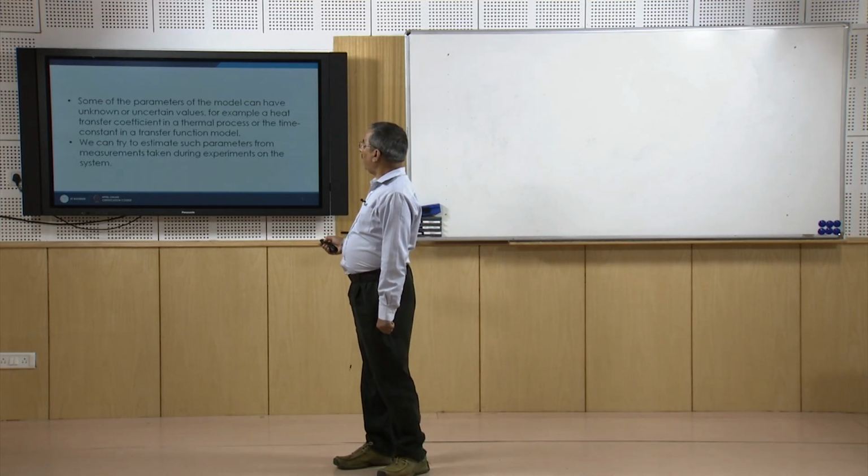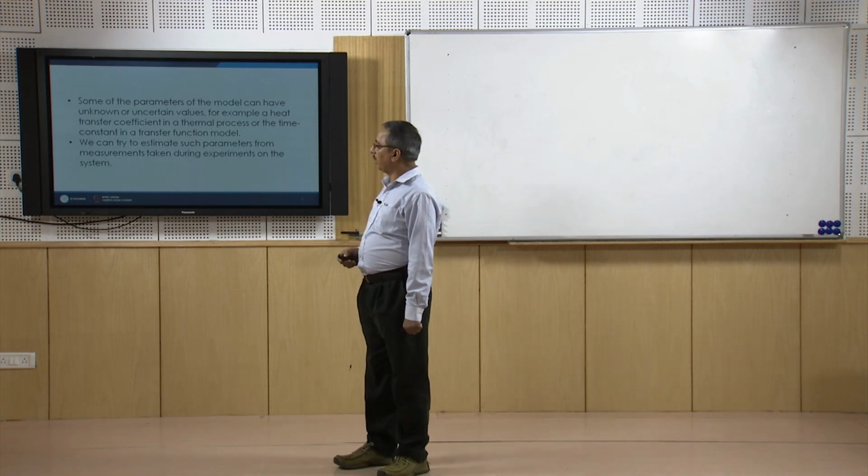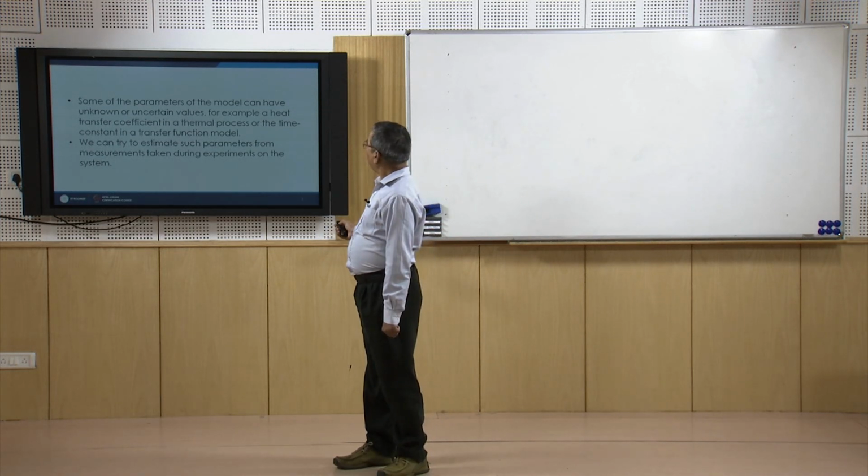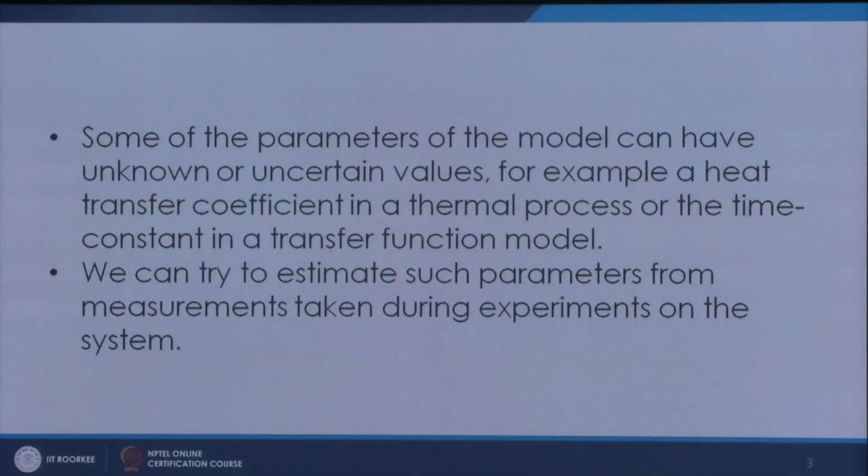Now, some of the parameters of the model can have unknown or uncertain values. For example, a heat transfer coefficient in a thermal process, or the time constant in a transfer function model, could be unknown to us.